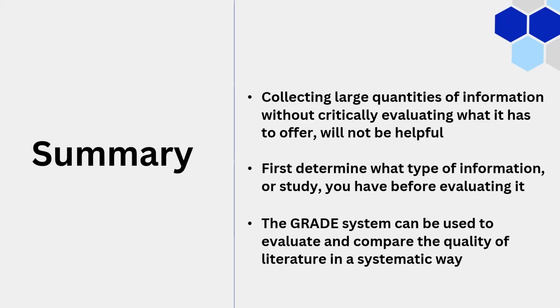There's different things we're looking for from an RCT versus meta-analysis versus a case series, et cetera. And then the GRADE system, which we focused on in this module, is one example of a tool that can be used to evaluate the quality of literature in a systematic way to help you either compare and contrast or to aggregate that into a summary of your entire body of literature.